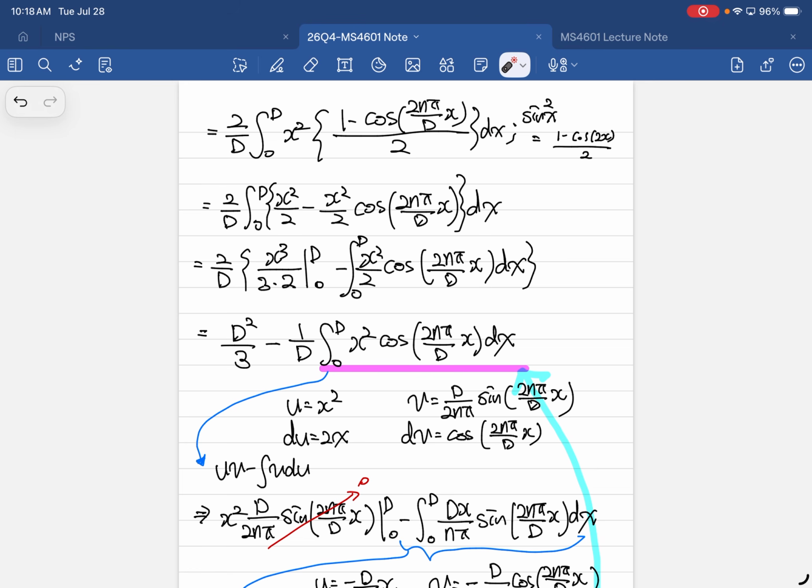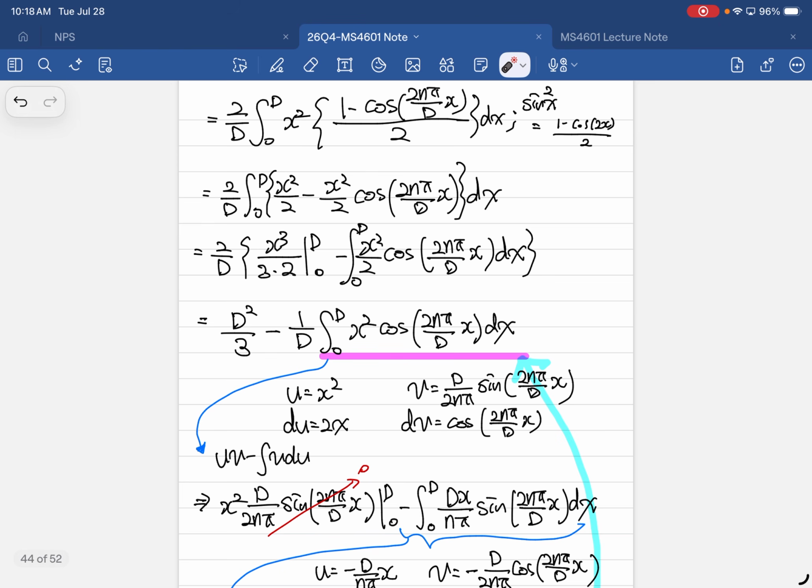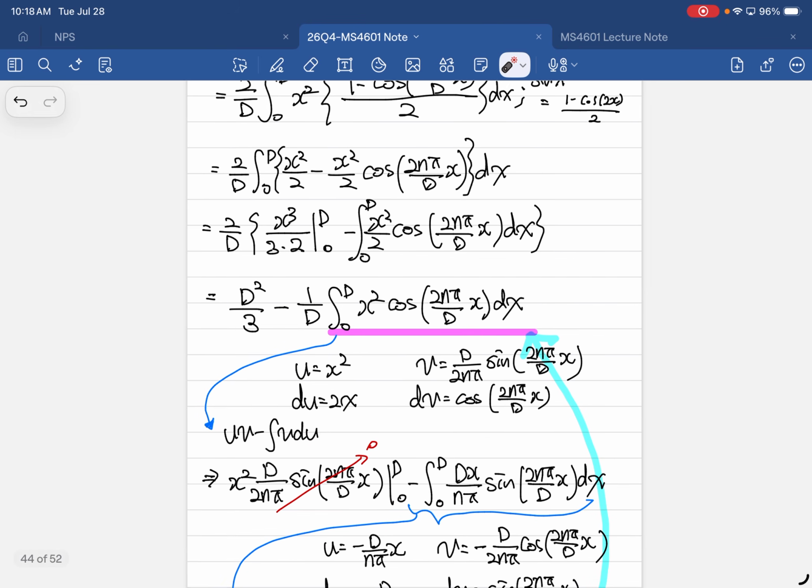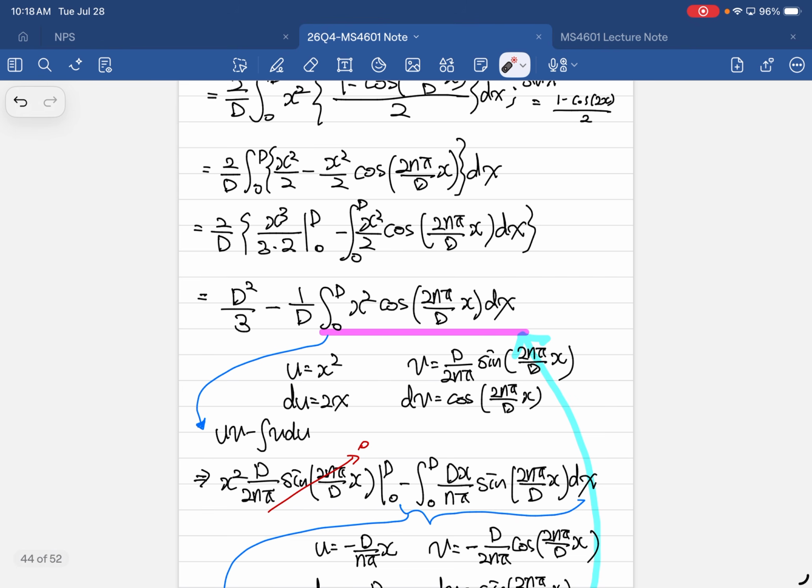Then we have this x squared cosine 2nπx over d, dx, and here you can do integration by parts. For this one, you use uv minus the integral of v du. This is essentially the steps for integration by parts.